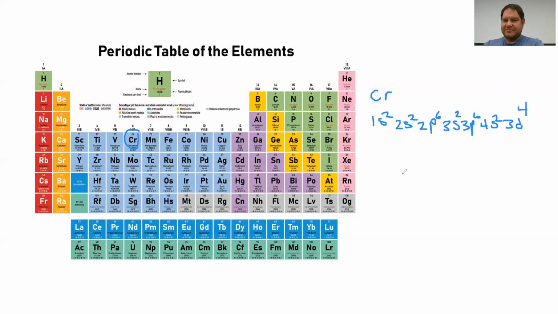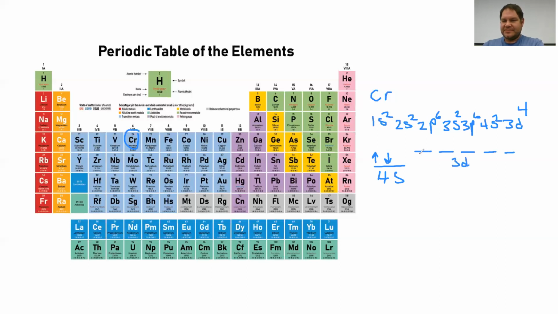And that is because we would think that the 4s is going to be lower in energy than the 3d's. Okay, so then we have 3d's.